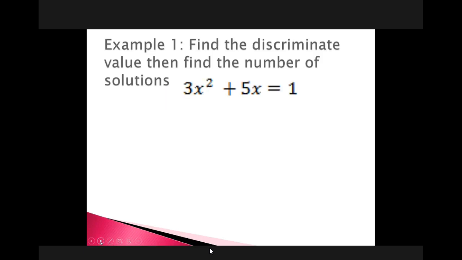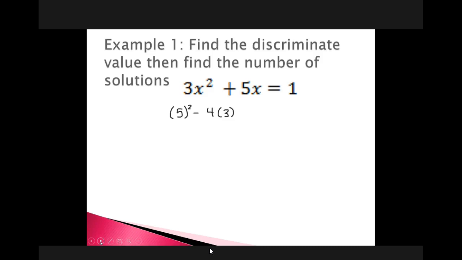Okay, find the value of the discriminant and describe the number and types of solutions. So it's b squared minus 4ac. And in this case, you have to be careful. This is equal to 1.